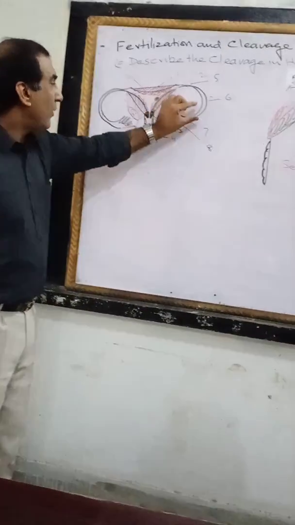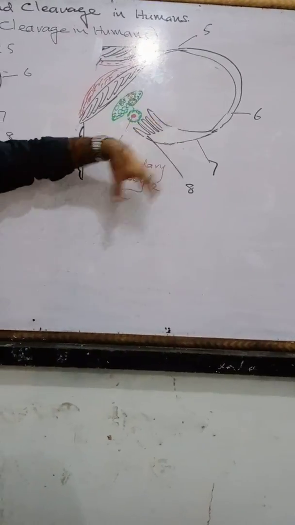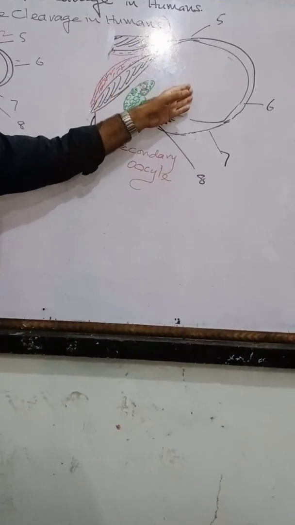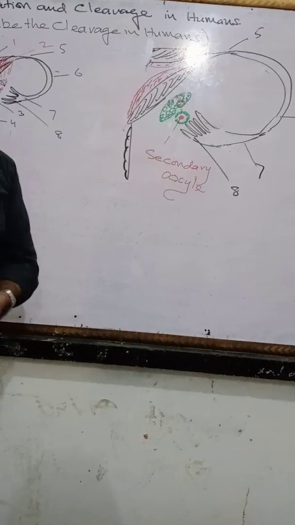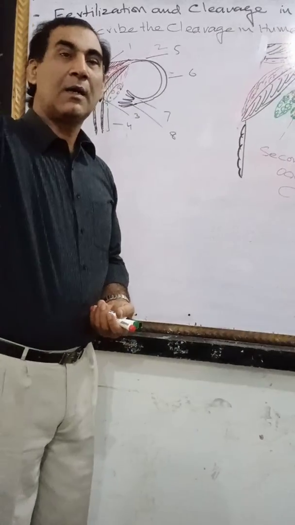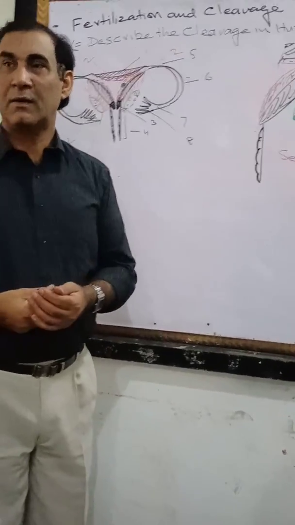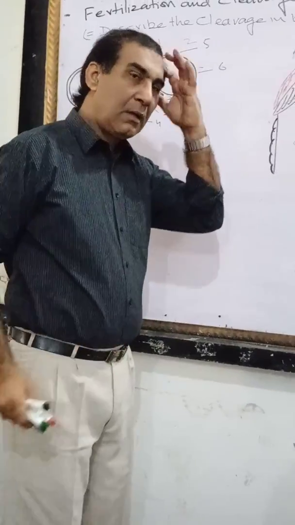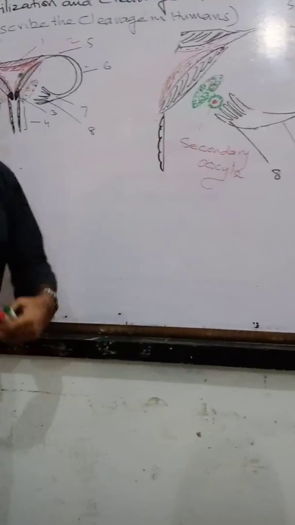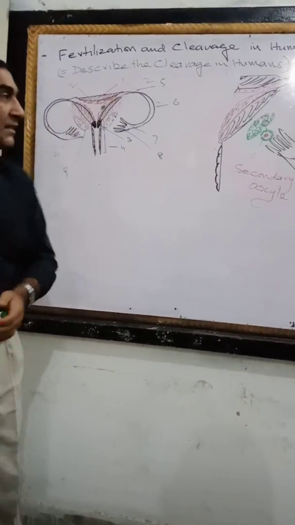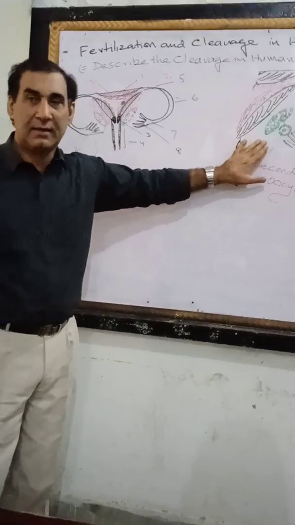Taken? Oviduct has been again magnified here because we will have to study this oviduct again. What happens here? Those backbenchers can come up to here so that you may understand well. Suppose the ovulation has occurred.